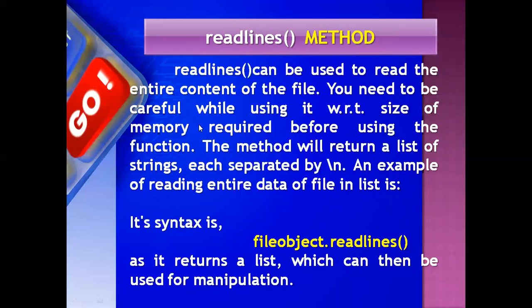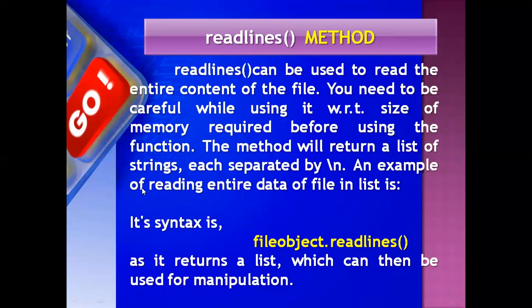The size of memory is required before using the function. So the method will return a list of strings separated by /n. /n means the next line. A paragraph is separated by /n, meaning /n for a new line.